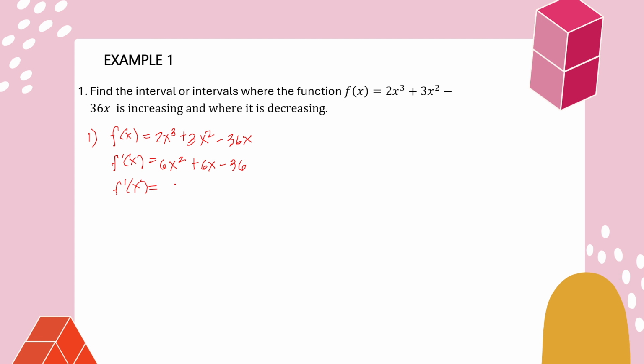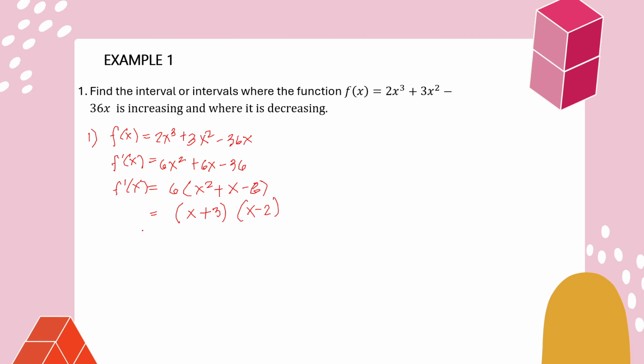This is factorable by 6, so we have x squared plus x minus 6 equal to 0. The factors are x plus 3 and x minus 2, because the sign of the second term is positive, so we use positive 3 and negative 2.